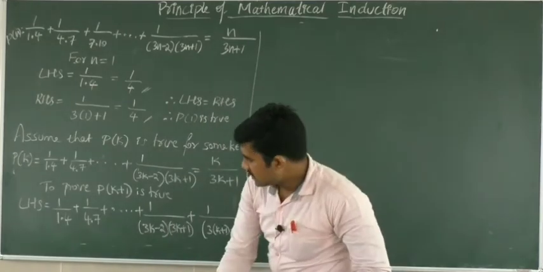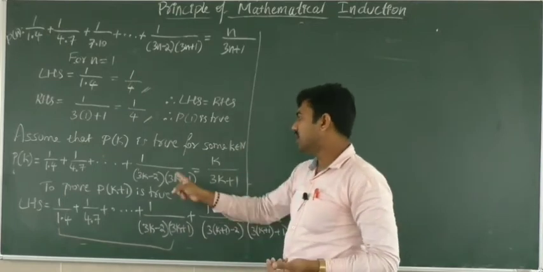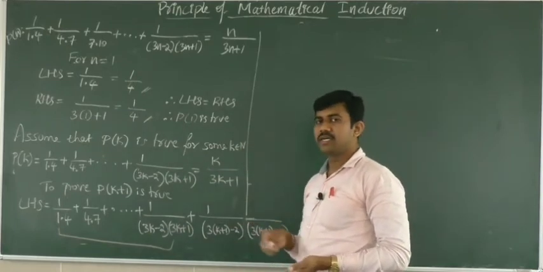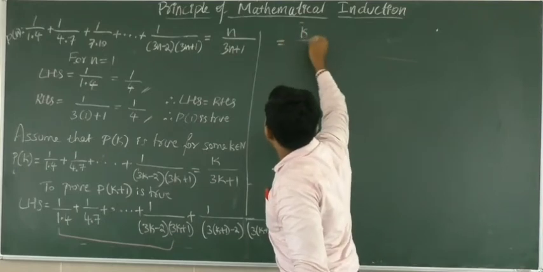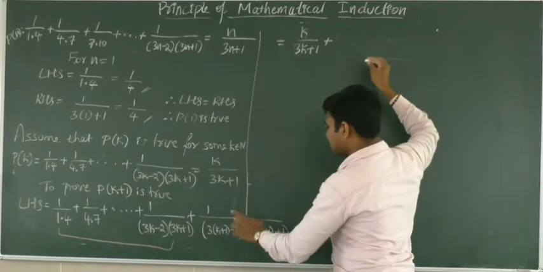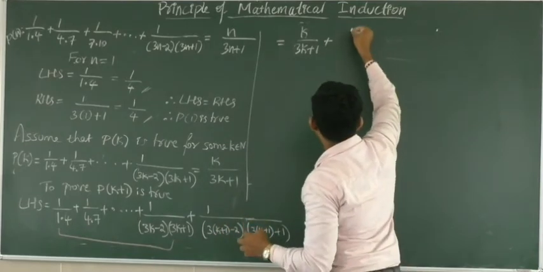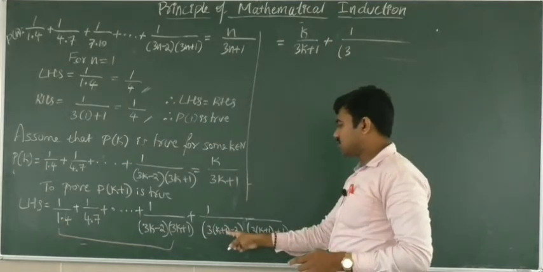Now, similar to your previous problem, the first k terms value we already assumed, and that is k divided by 3k plus 1, plus the next term, that is 1 divided by 3 into k plus 1 minus 2.